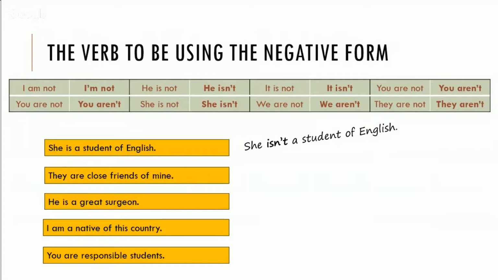Okay, we got Rafael's answer and Lucero's answer. They aren't. Okay, good. Oh, I should have read the first one too. She isn't a student of English. Number two, they aren't close friends of mine. Good. Let me get number three.